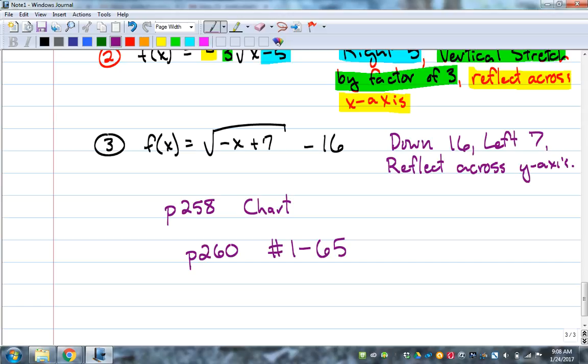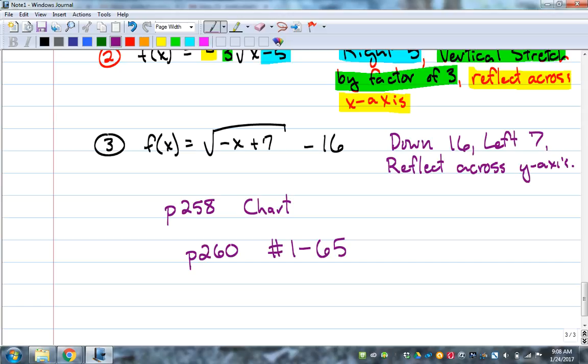It's always going to happen on the outside. The reflection across the x-axis is always going to be if it's a negative on the outside in the front. And the horizontal shift left and right is always going to be the opposite on the inside. You're always just going to look for that plus or the minus in there. Plus would be left, minus would be right. And then the negative on the inside is going to be your reflection across the y-axis.